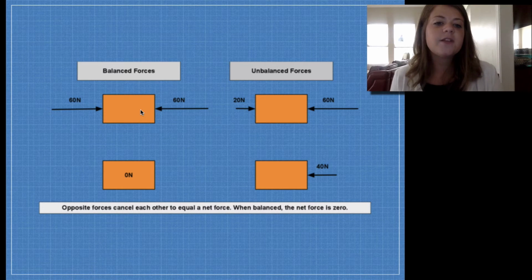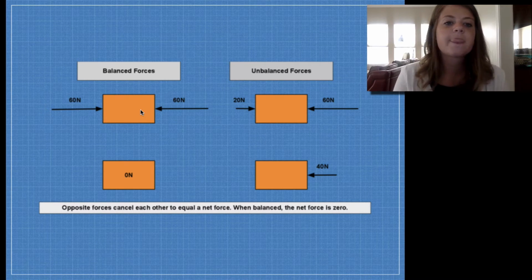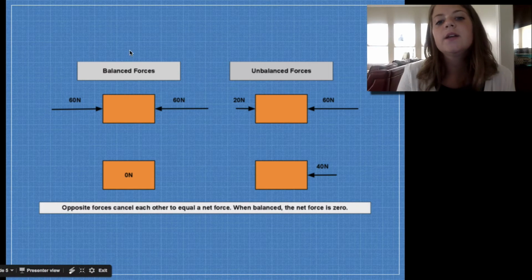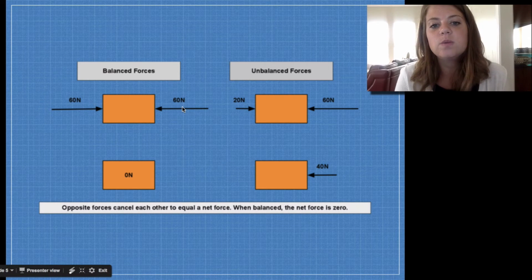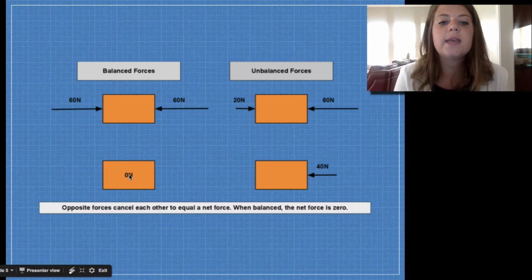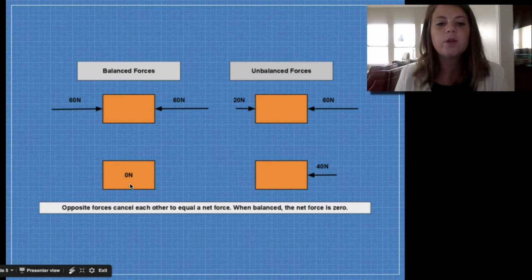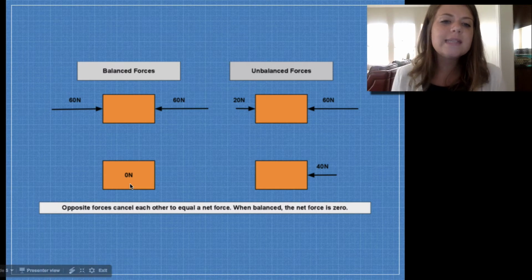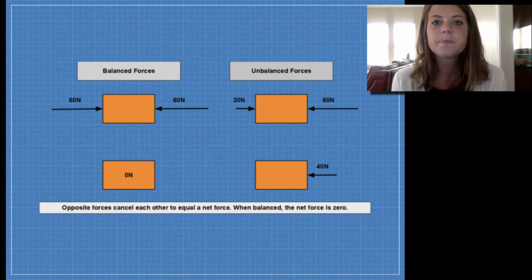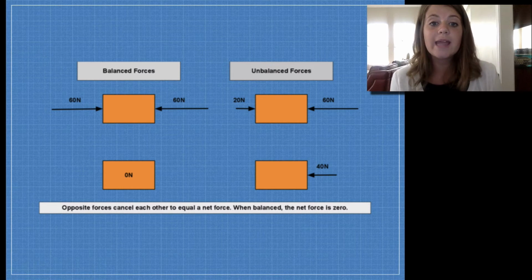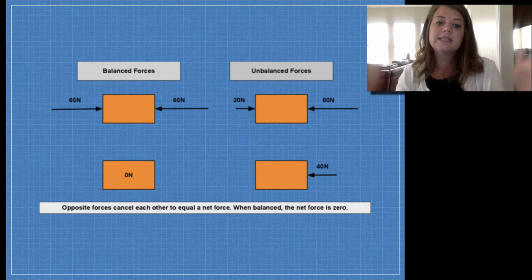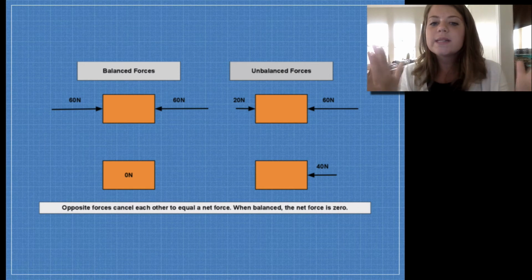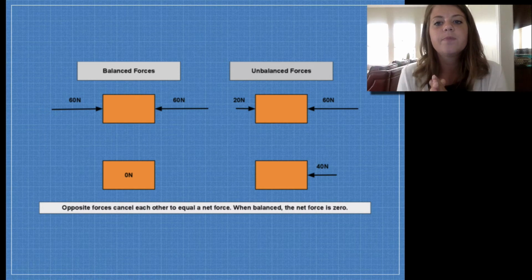First of all, let's figure out our net force. 60 newtons over here cancels out 60 newtons over here, resulting in 0 newtons. Is this object moving? No, it's not, right? Because you have 60 here, 60 newtons here. Neither one's going to win. It's going to stay put.